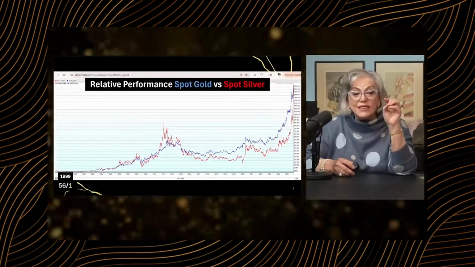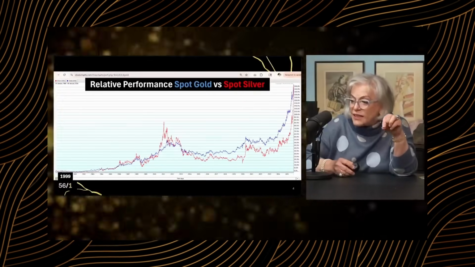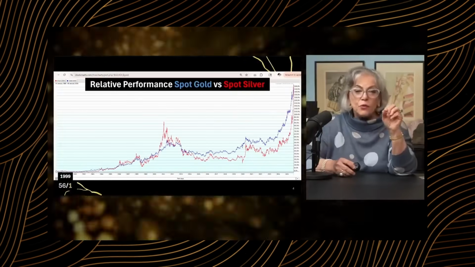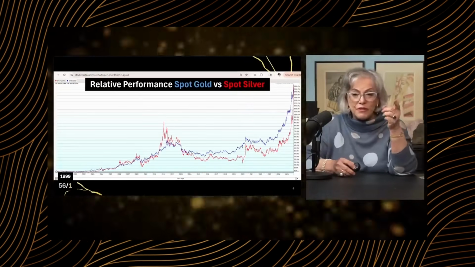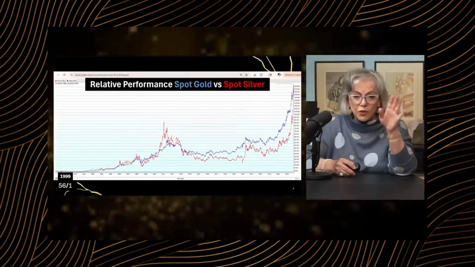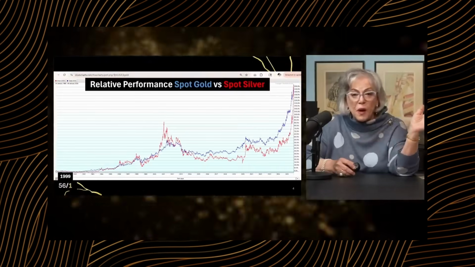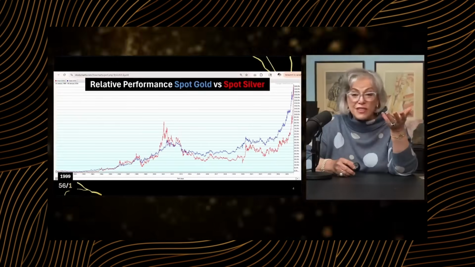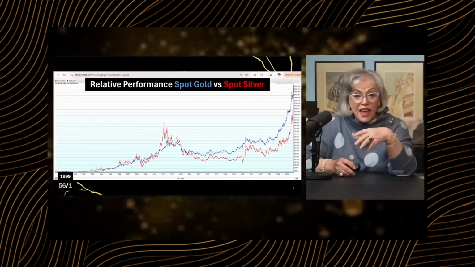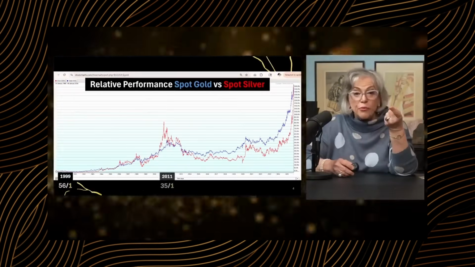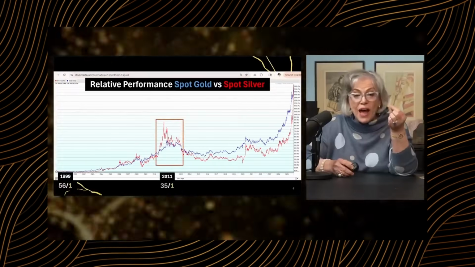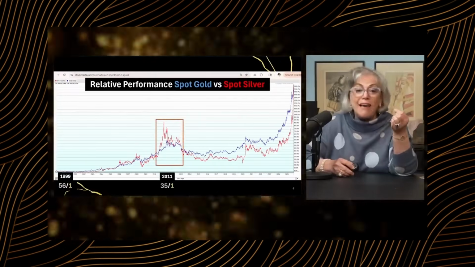And so you can see back in, what was that date? 99, when we had actually the first derivative explosion, but we'll just stay here for today. And you can see how both spot gold and silver kind of followed the same trajectory. And then we saw a greater move above it back in 2011, right?